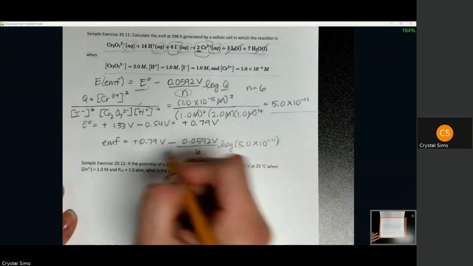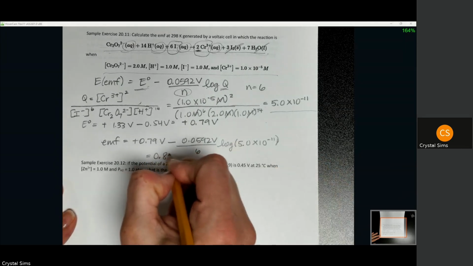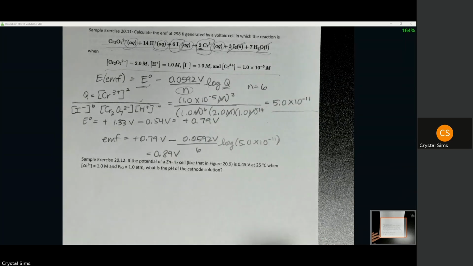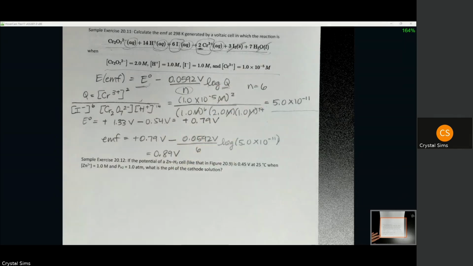And when I do all the math, I get 0.89 volts. So that is my EMF at 298 K when I have changed my concentrations of some of my species.